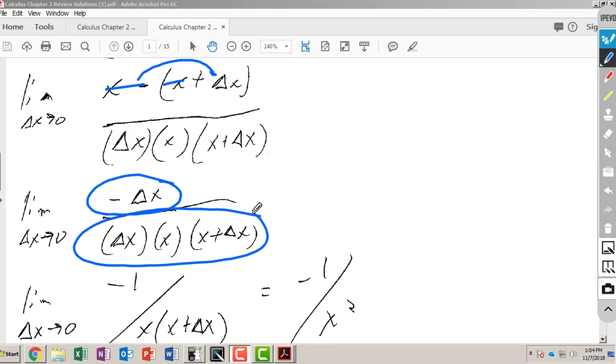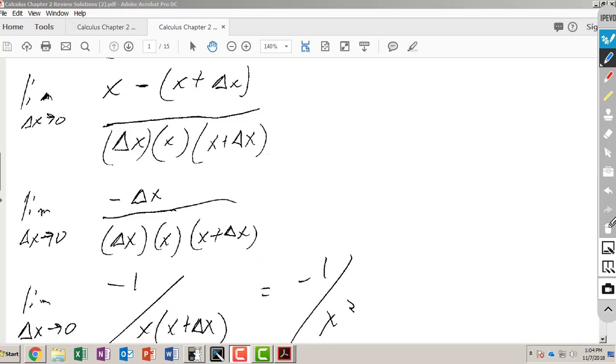Now that I've simplified my numerator, I can go ahead and cancel my delta x's. So delta x divided by delta x gives me this negative 1. And then notice my denominator, I still have my x times x plus delta x.